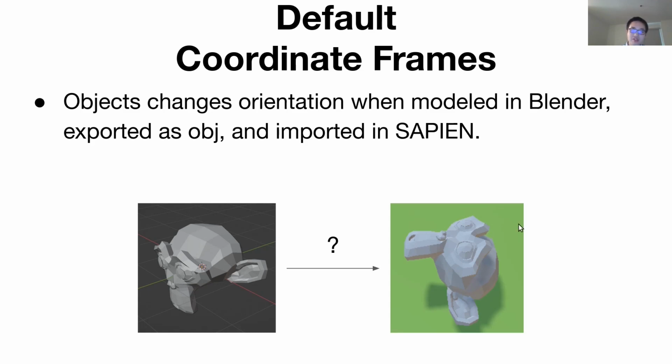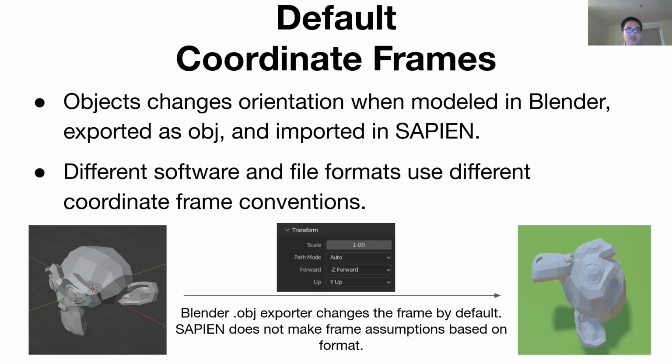So what's going on in the process? Well, it turns out different software and file formats use different coordinate frame conventions. Here, Blender's OBJ exporter would change the frame by default. Since Sapien does not make frame assumptions based on file format, the orientation of this model will be changed after exporting from Blender and loading in Sapien.